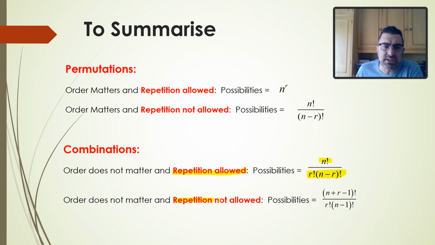At the top you'll have n plus r minus 1, and at the denominator, you'll have r factorial multiplied by n minus 1 factorial. Please remember this formula. It's very important that you commit these to memory when you work with permutations and combinations, where things are allowed to be repeated and where things are not allowed to be repeated.